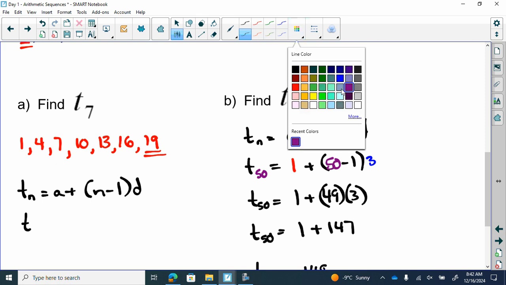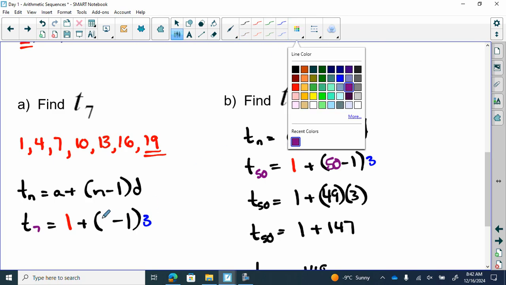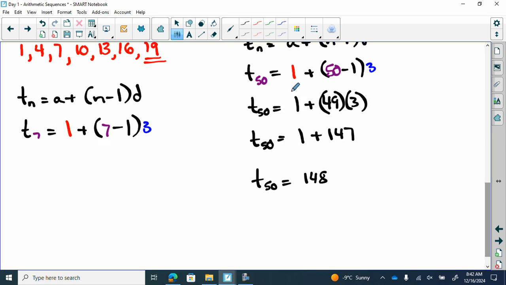So T7 in this case, because that's what they asked me to find, is going to equal 1 plus 7 minus 1 times 3. And when I sort this out, I end up with T7 equals 1 plus 6 times 3.